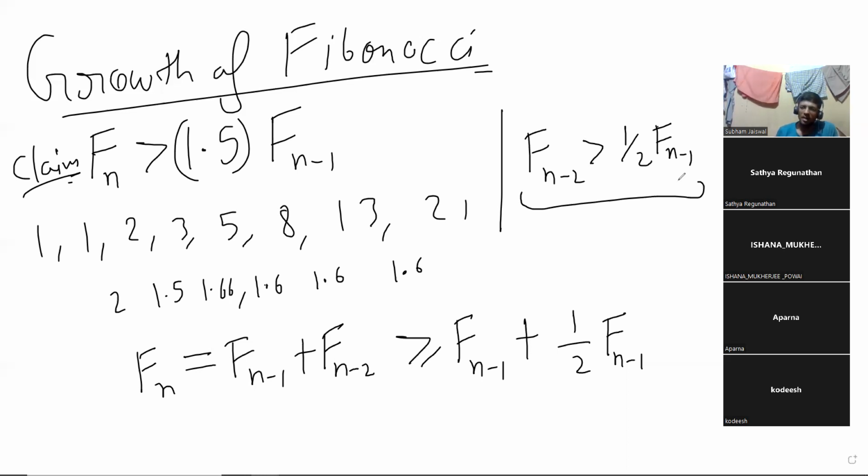Fn minus 2 is at least half of Fn minus 1. This is the other way. Then it is fine. Then you can apply this and get 3 by 2. So can you show this, that the next term is not more than double the previous term?